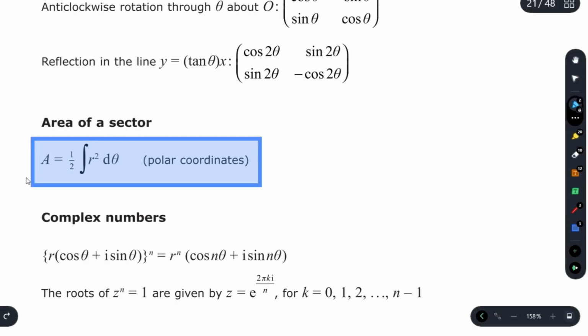We can find the area of a sector when we have polar coordinates using the formula A equals 1/2 multiplied by the integral of r squared with respect to theta.